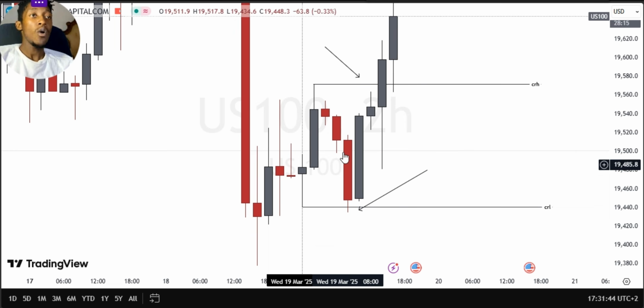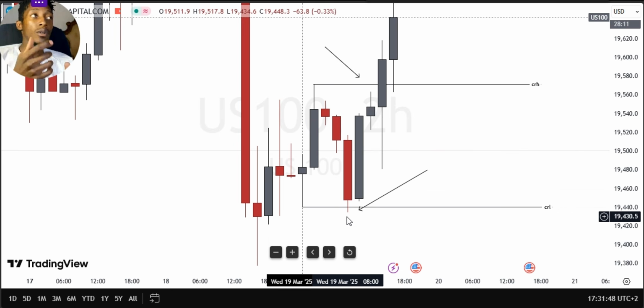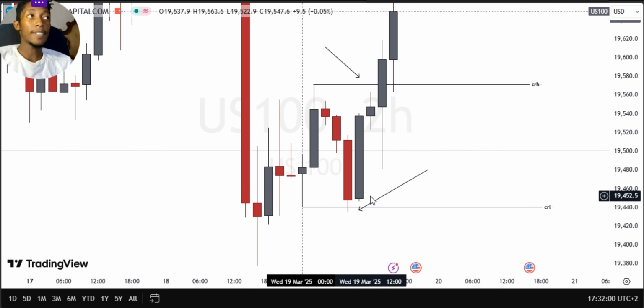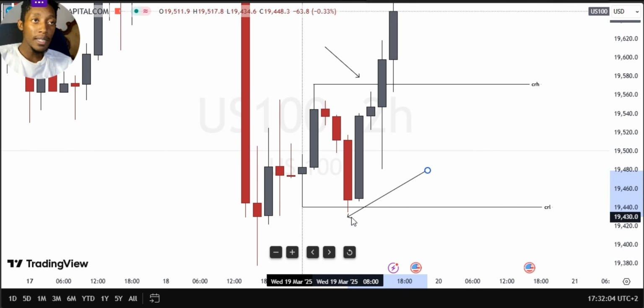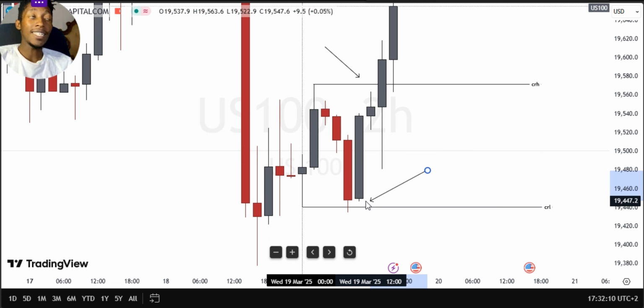So it took out the CR low, which means we are expecting a bullish move. Once it sweeps the low and closes inside the range, we are looking for a bullish move. So it swept the low and closed inside the range, which is a valid CRT.